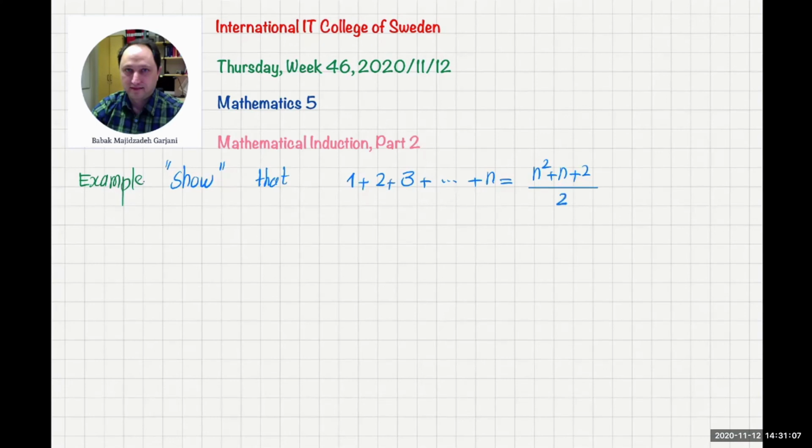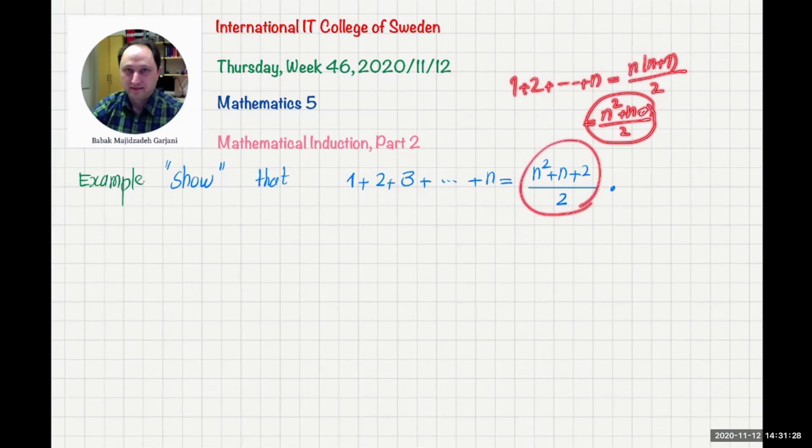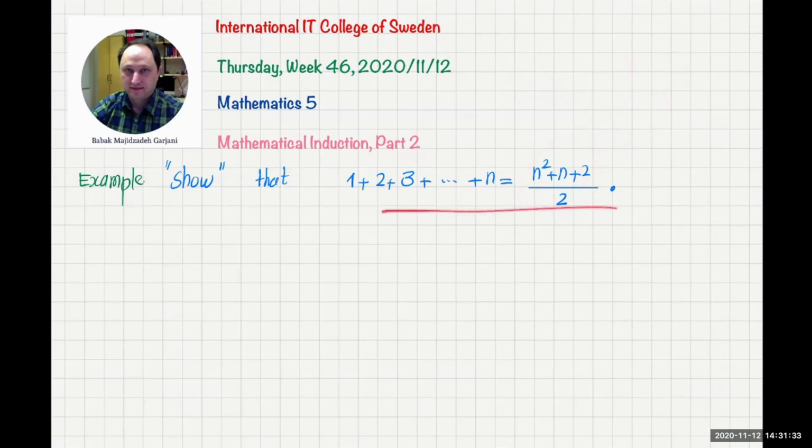Of course, you clearly know that this is a wrong formula, because you know hopefully the correct formula. The correct formula is this. Do you remember? This was the correct formula, and if I multiply it, it's n squared plus n, divided by 2. N squared plus n divided by 2 is not n squared plus n plus 2 divided by 2. So if this one is right, definitely this one is wrong.